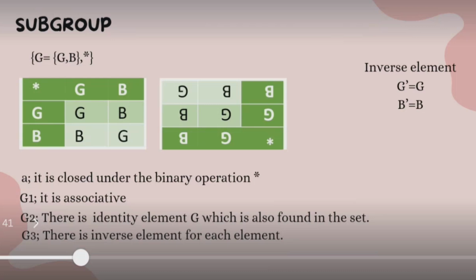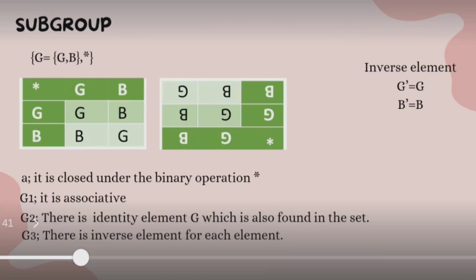So, first is the set of G with an element of G and B. Like what we did a while ago, we check if it is closed under the binary operation of star, and we can also see that this is associative, and it has the identity element G and inverse elements.